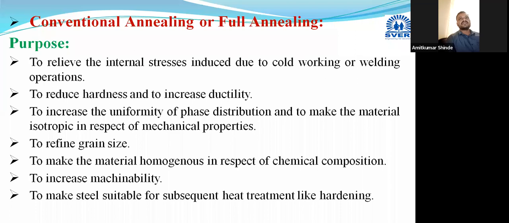That component will fail during service, when you are actually using it in practical life, it may fail due to these internal stresses. That's why it is very necessary to eliminate these internal stresses. This is the first purpose or aim of conducting conventional annealing, also known as full annealing.